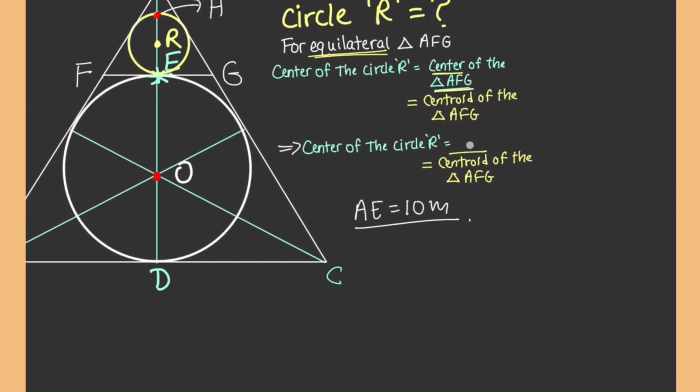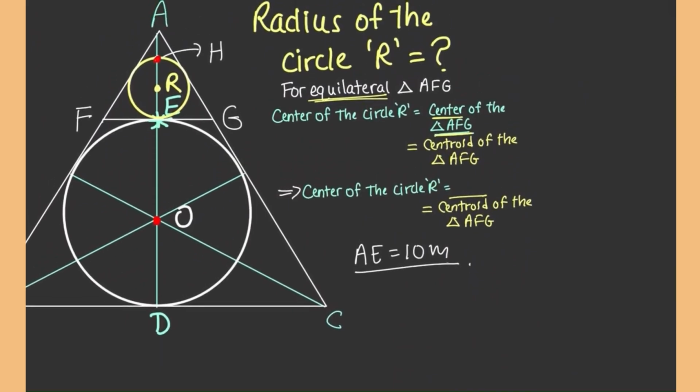So we copy it down here: AE is equal to 10 meters.